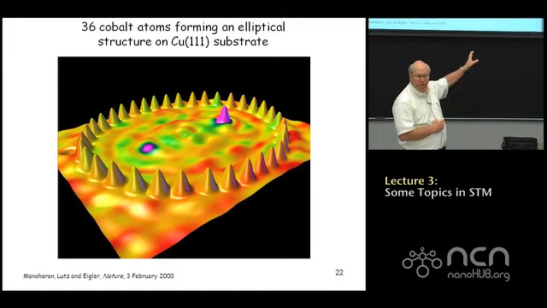The electron states that are reflected from the atom placed at the focal point in the upper right portion of this corral are reflected from the elliptical shape of the corral and reconverge and form the so-called image of the atom. Okay, so it's a beautiful demonstration.